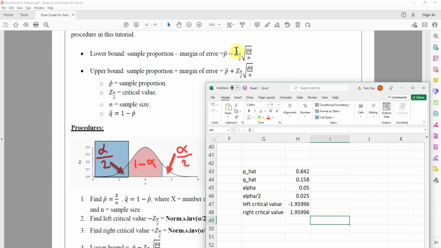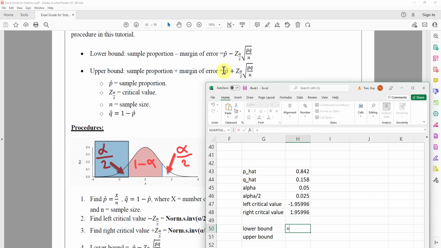Okay, we have everything. So now we can input this formula to find the lower bound and the upper bound. So make sure you press equal. Actually, let's do it together.